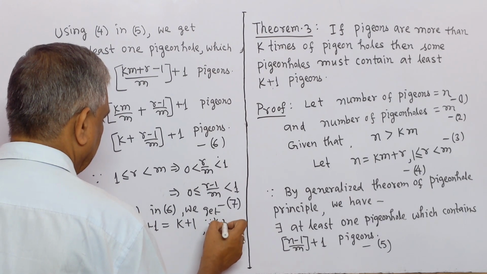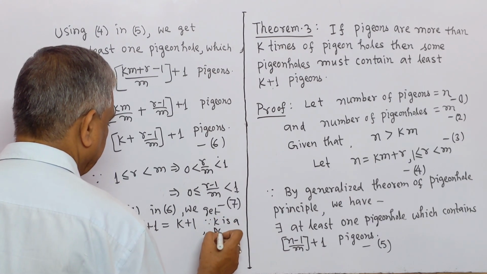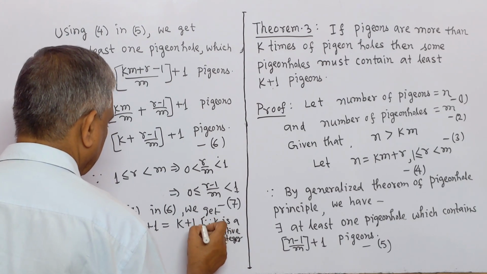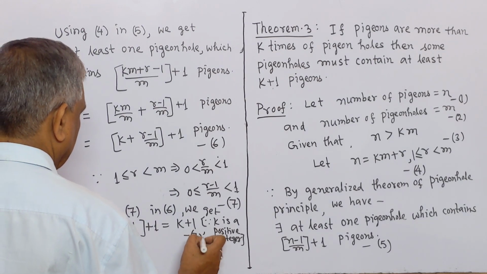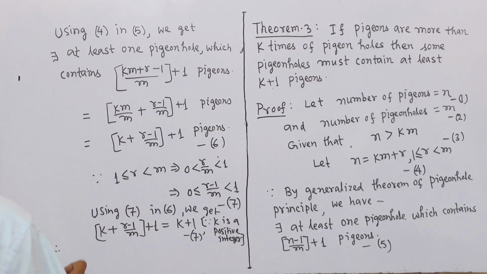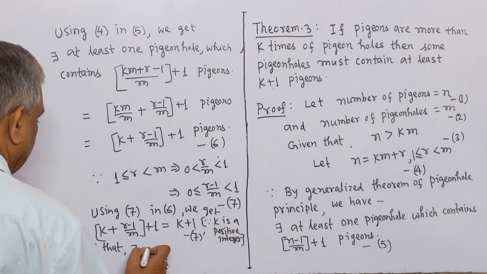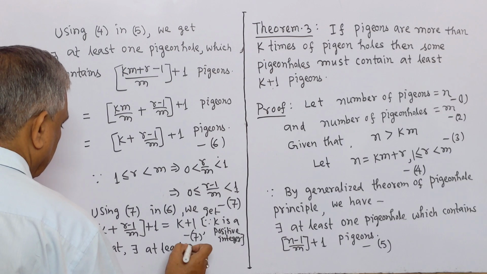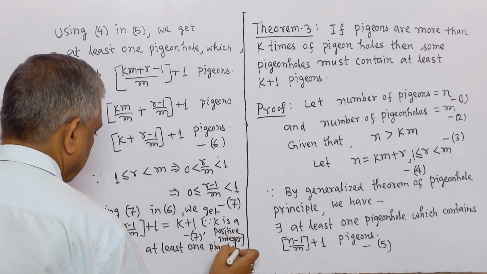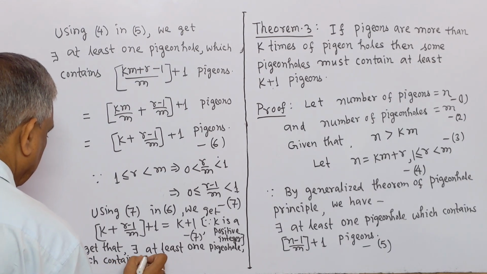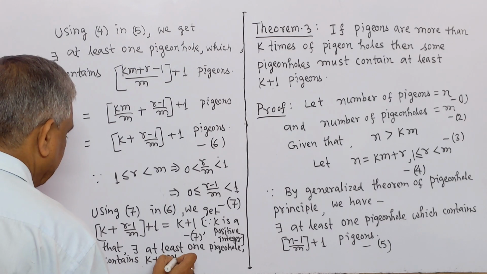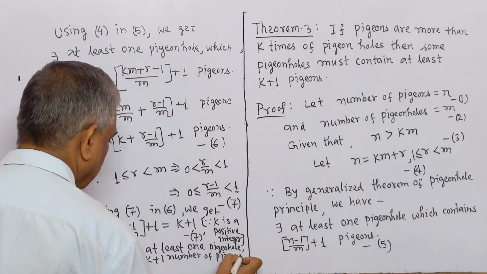Since k is a positive integer, therefore, we get that there exists at least one pigeonhole which contains k plus 1 number of pigeons. Proved.